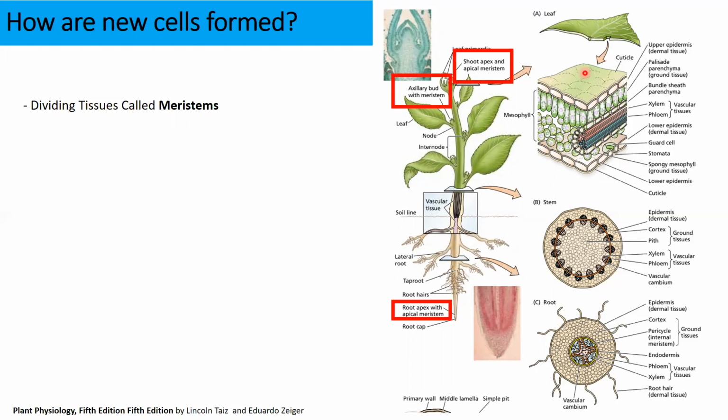In a young plant, the most active meristems are called apical meristems. They are located at the tip of the stem and root, as shown in the figure. At the nodes, axillary buds contain the apical meristem for branch shoots. Lateral roots arise from the pericycle as internal meristematic tissues.